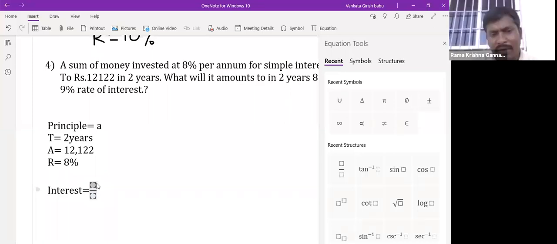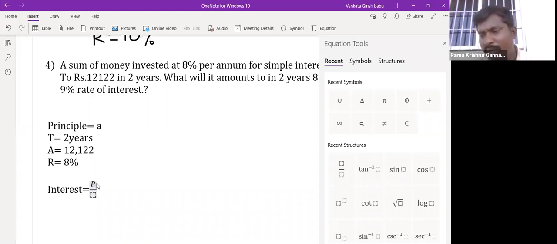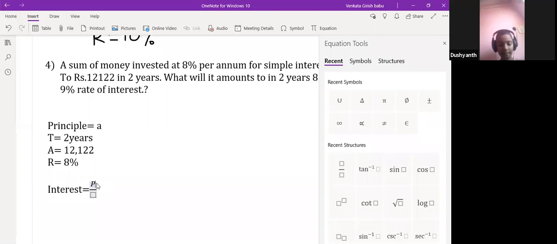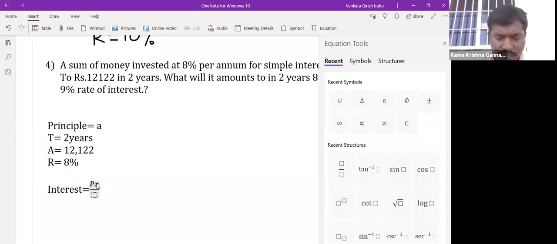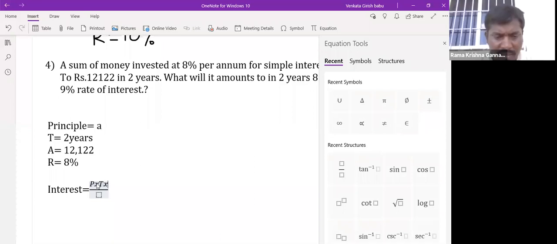What is the formula? Simple interest is P into T into R by 100.